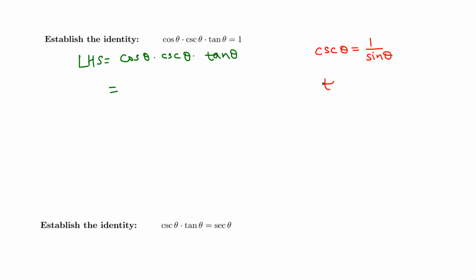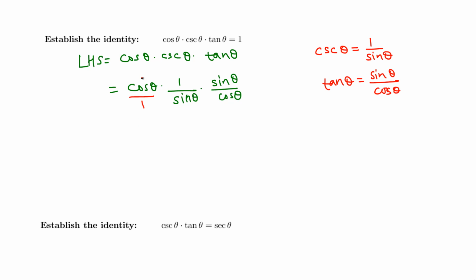We got tangent, tangent is sine over cosine. So we're going to apply these two identities here. So cosine stays there, cosecant is 1 over sine, tangent is sine over cosine, and cosine itself means cosine over 1.